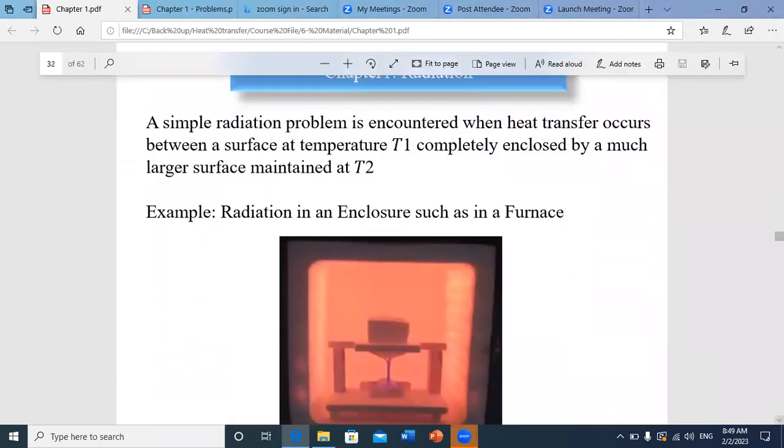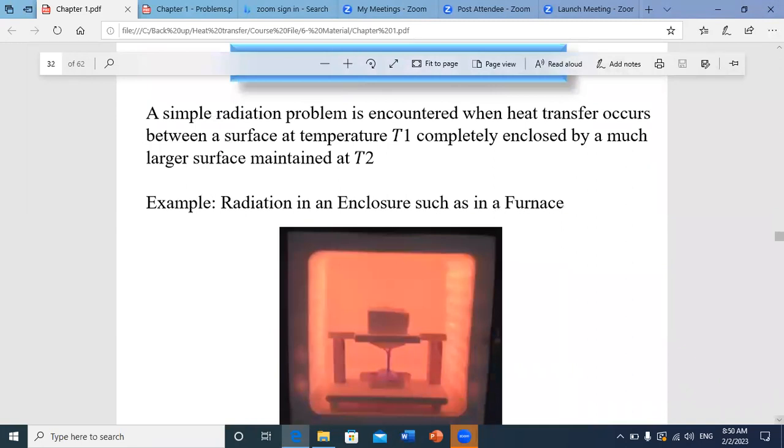Now, a simple radiation problem that we will face a lot in our problems is heat transfer between a surface at temperature T1 that is completely enclosed by a much larger surface maintained at temperature T2. For example, if you take a box and you put it in a furnace.